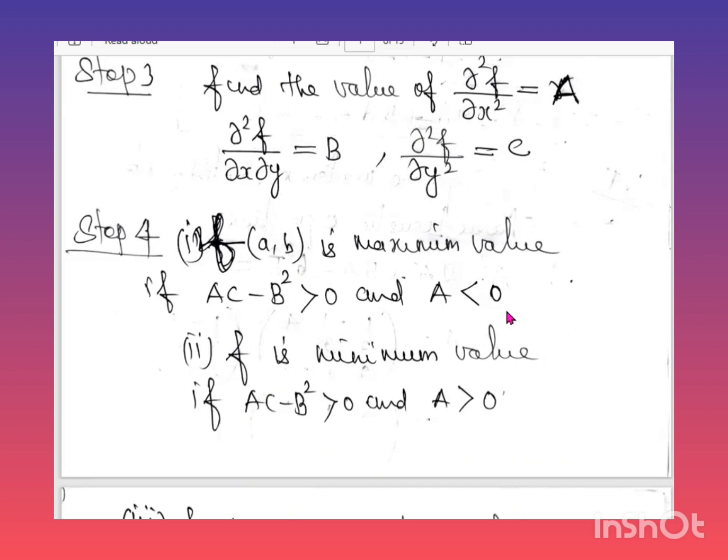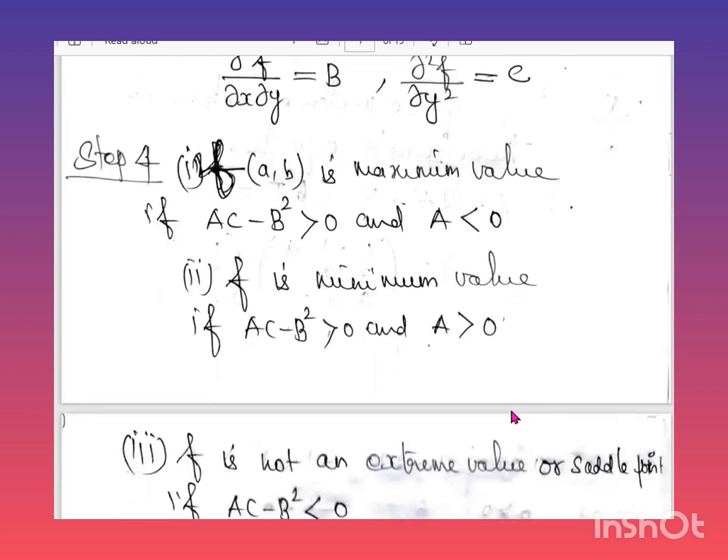Second one, f is minimum value. So when we will say f is a minimum value, if ac minus b square is greater than 0 and also capital A is greater than 0. So both are greater than 0. We will call it minimum value.